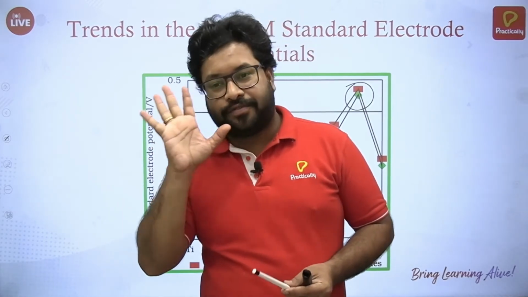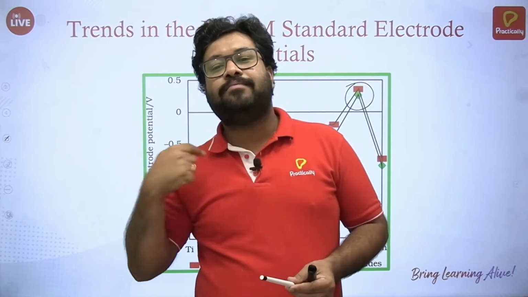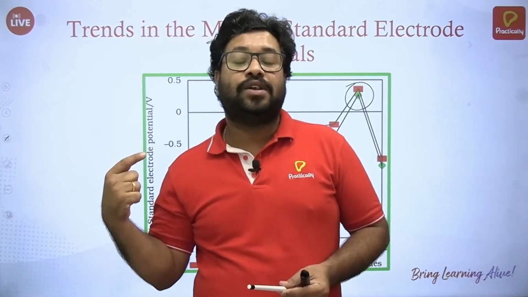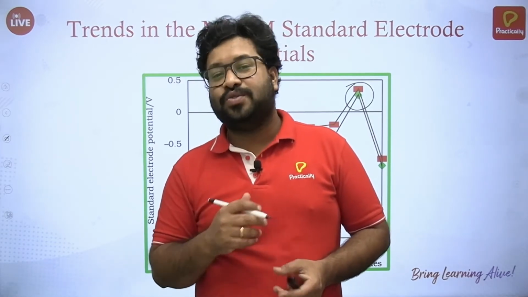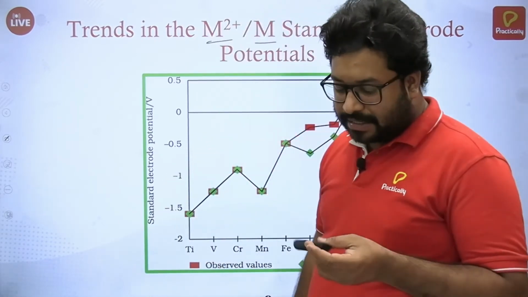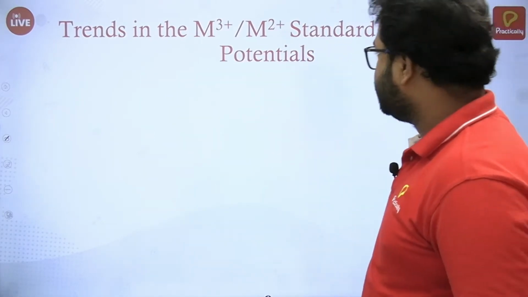Apart from these 5 elements, every metal can replace the hydrogen from its solution, but these 5 metals cannot do that. Okay, remember this thing, it will become handy to you in the exam.